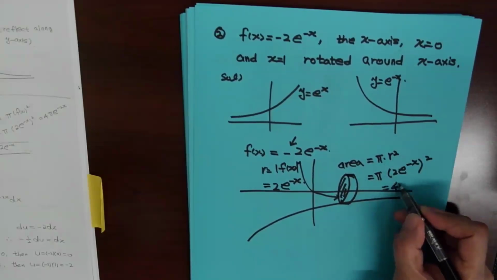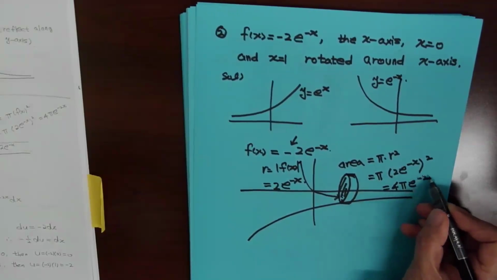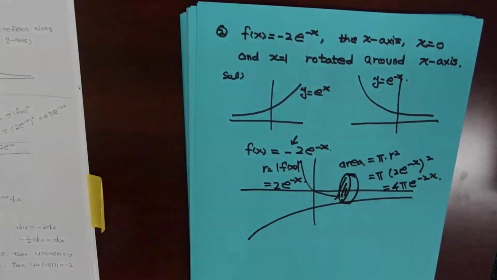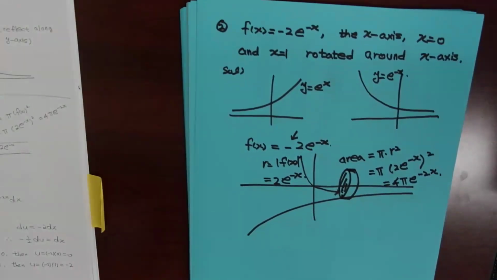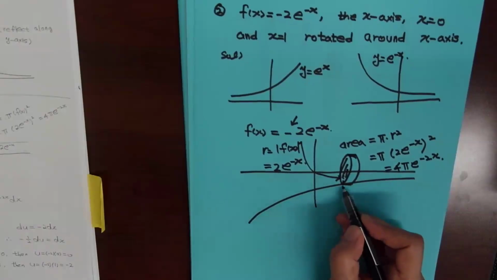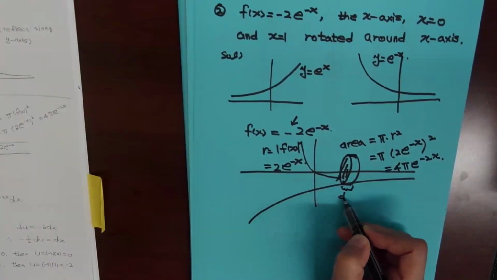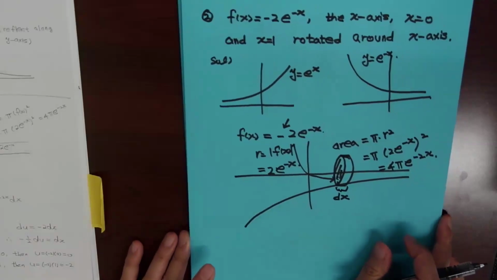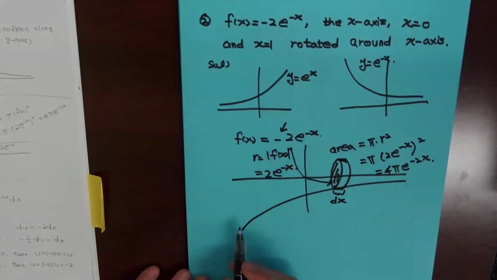So that is 4 pi e to the negative 2x, right? And then this thickness can be interpreted as dx, right? Because it's in x.